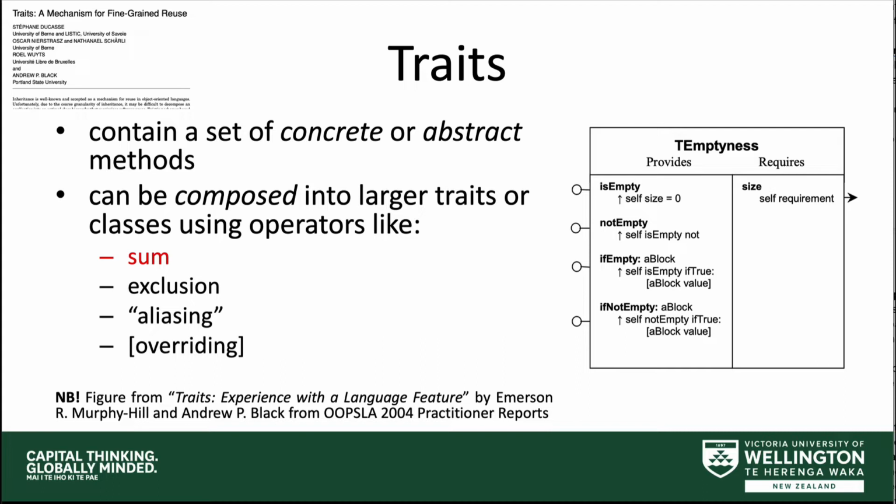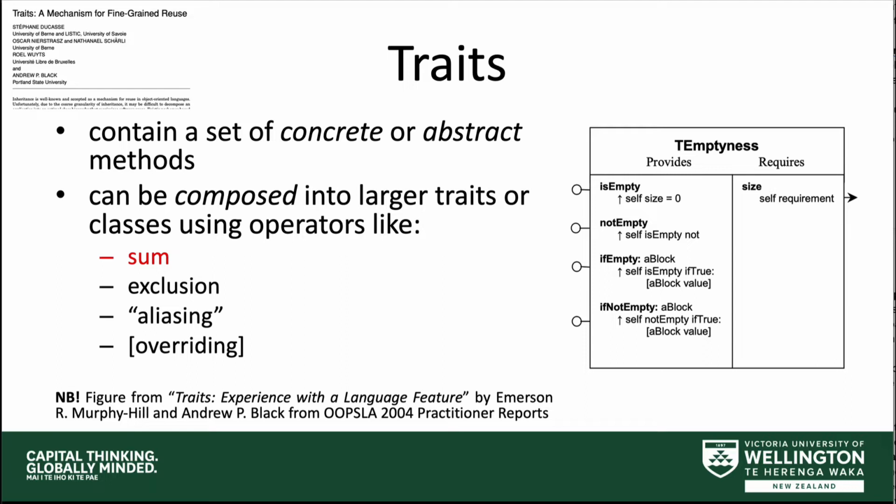A lot of work around traits talks around the core operator called the sum or composition of the traits. This is going to tell you that if you have 2 traits, how to put the implemented and abstract methods together. There is obviously going to arise some conflicts, like for example, 2 traits may provide method isEmpty, in which case you may want to go into more detail and say, well, in this case, exclude the method isEmpty from the definition of the trait and use the one that is the other part of the sum.